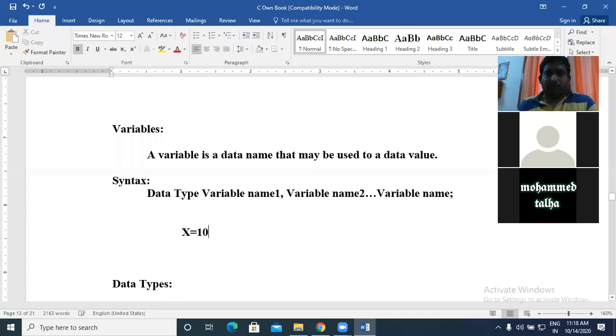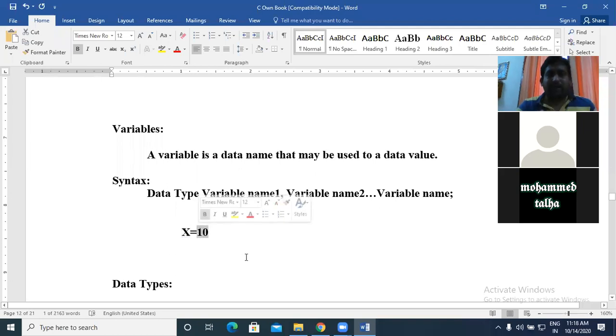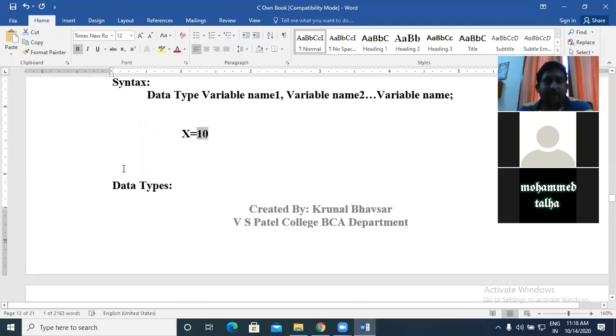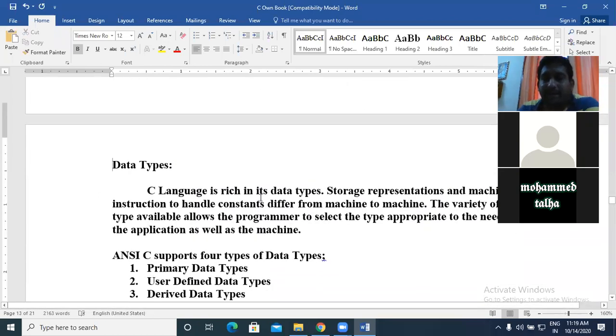So x is equal to 10: x is your variable, and 10 is the value of x. This is the variable definition and example. Now data types, basically data types in the C programming language.